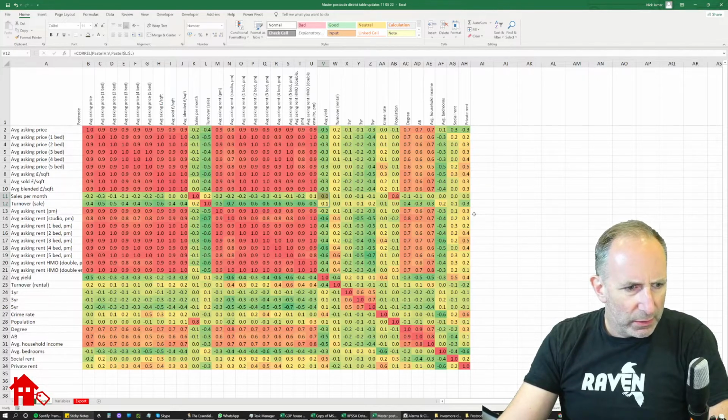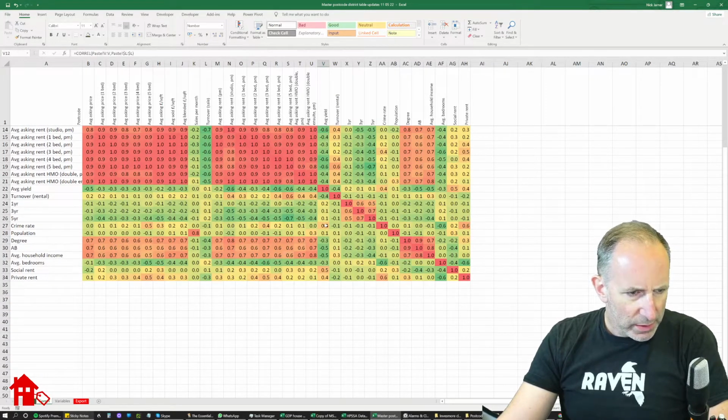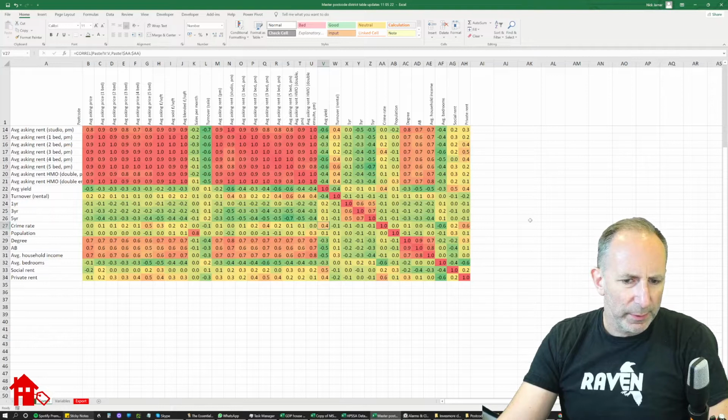And yields go up in higher crime rate areas, which also figures because generally crime and poverty tend to go together, and also yields go up if you're in areas where there's a lot of social renting and private renting, which also figures.